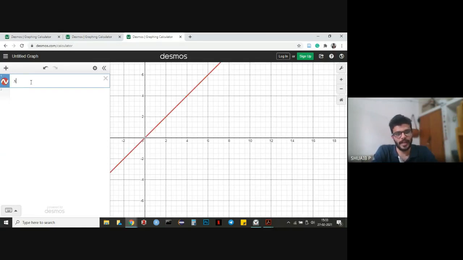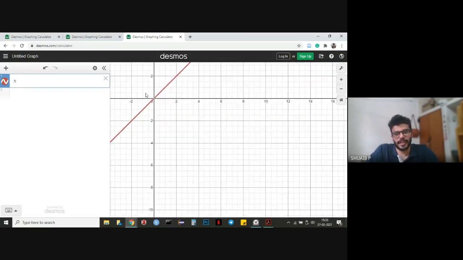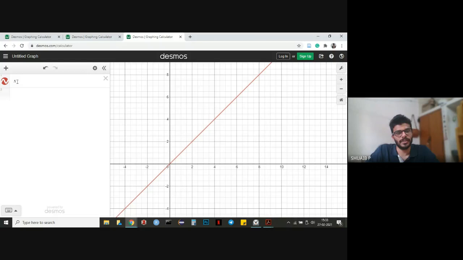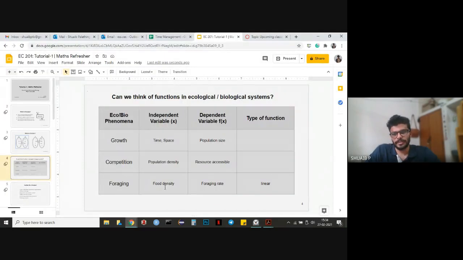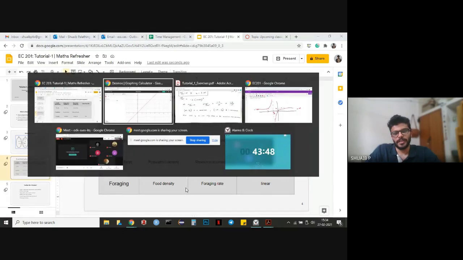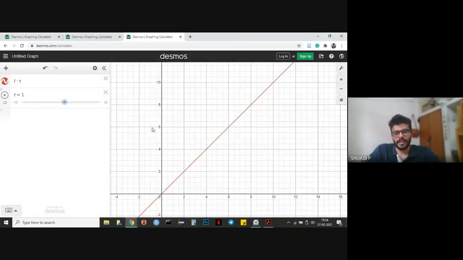So if x is the foraging rate or foraging amount, and we say t is the total time spent to forage, and in the x-axis it's the food density available, and in the y-axis it's the foraging rate.